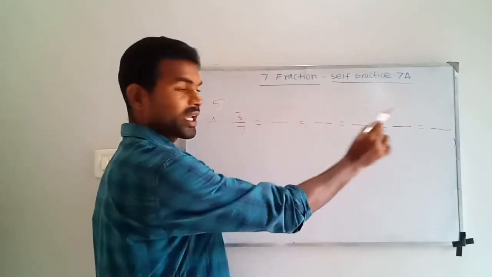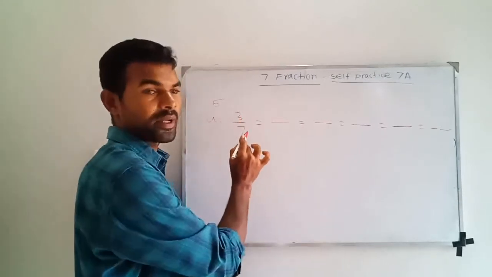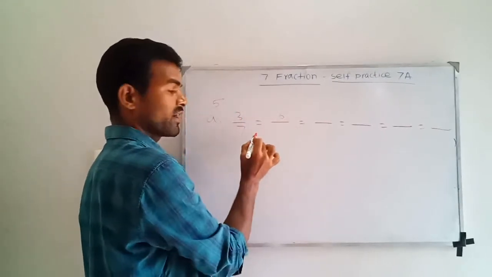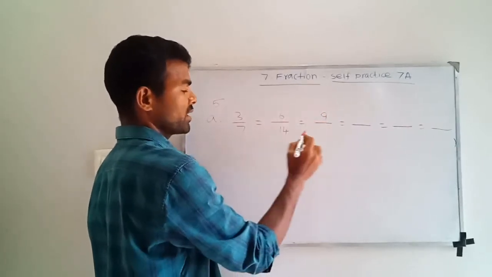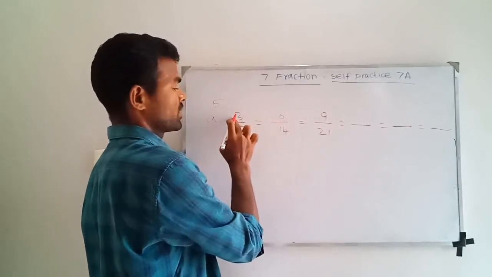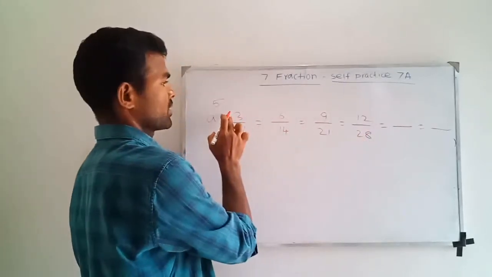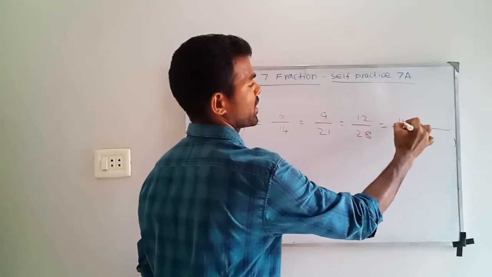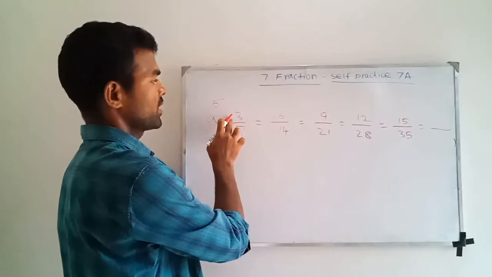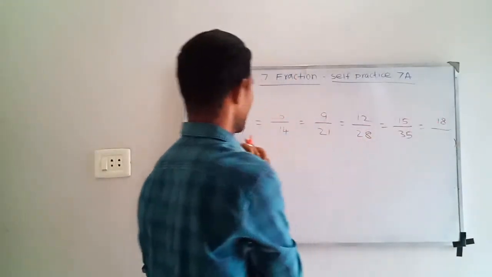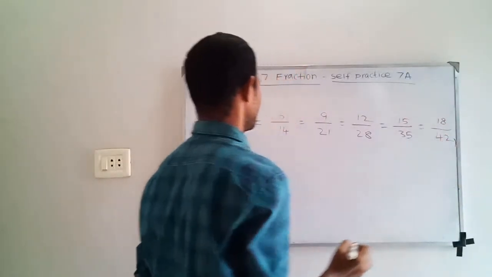In the numerator, the 3 table. In the denominator, the 7 table. It's like that only. So 3 times 2 is 6, 7 times 2 is 14. 3 times 3 is 9, 7 times 3 is 21. 3 times 4 is 12, 7 times 4 is 28. 3 times 5 is 15, 7 times 5 is 35. 3 times 6 is 18, 7 times 6 is 42.